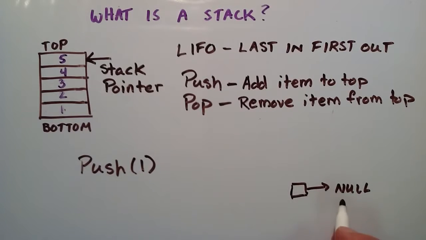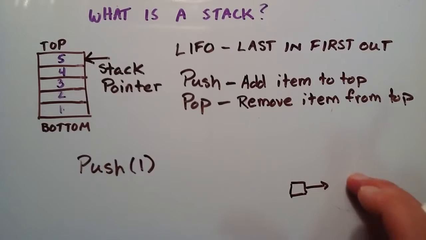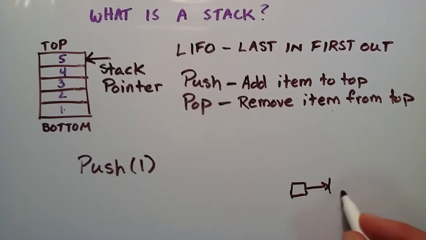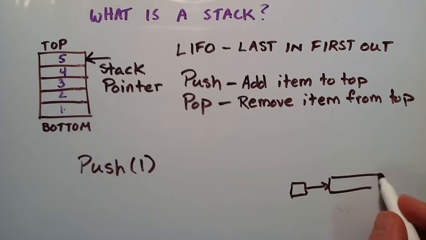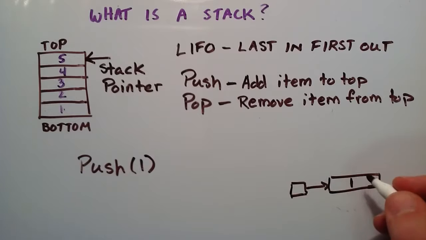So it's pointing to nothing. Then I implement this part of my code, and it's going to push the number 1 on the top of the stack. What's going to happen when I do push 1 is it's going to create a node and then place the data 1 inside that node.